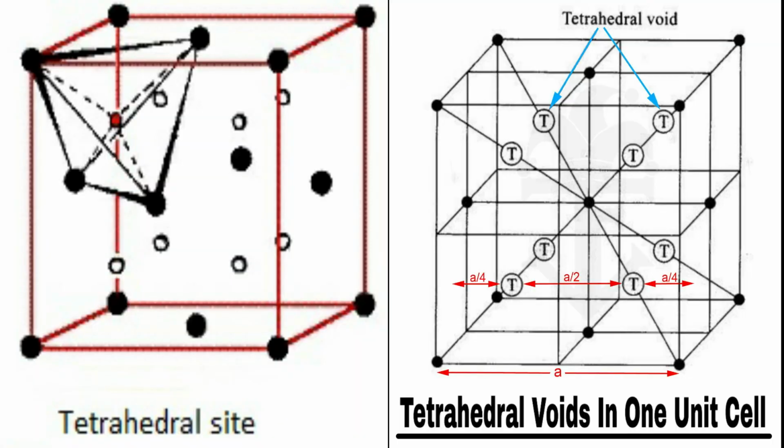Now let us discuss the tetrahedral void. The FCC diagram is represented. In this diagram, black rigid atoms are at the corners and at the center of each face.